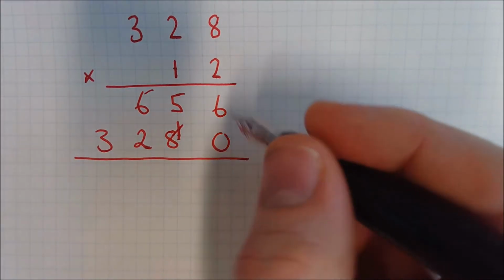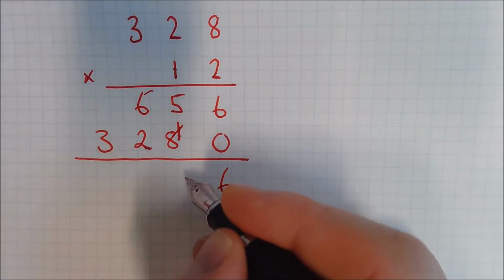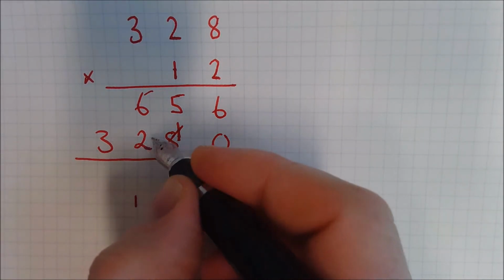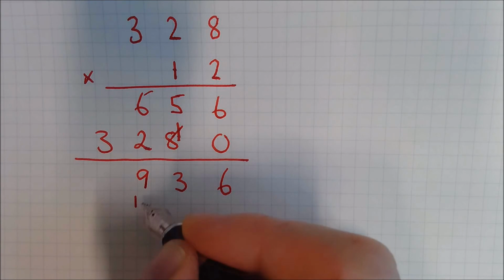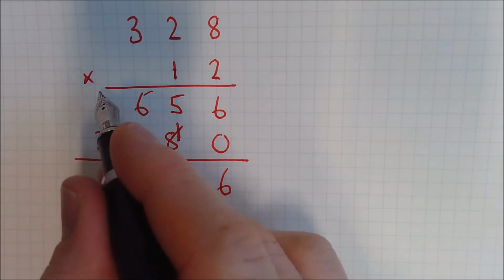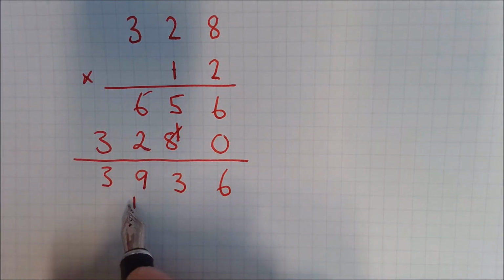So now the last step is to add up our partial products. So 6 add 0 is 6, 5 add 8 is 13, 1 add 2 is 3, add 6 is 9, or 100 add 200 add 600 is 900, and then 3,000 with nothing else to add is just 3,000, or 3 with nothing else to add is a 3.